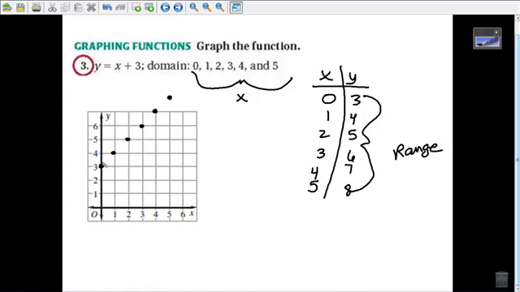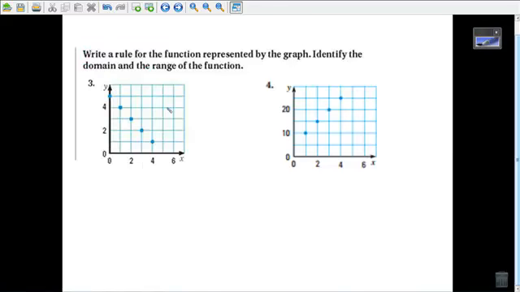When you actually have your own graph paper, make sure that it extends up high enough, please. And I'll just put it right there. Notice I didn't show any work, and that's okay with me on this. You do have to show your table, but I believe that you can add 3 to a value in your head. So, use your judgment call on that. I believe you probably can do this in your head.